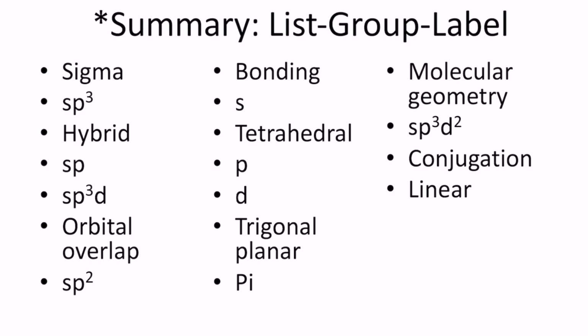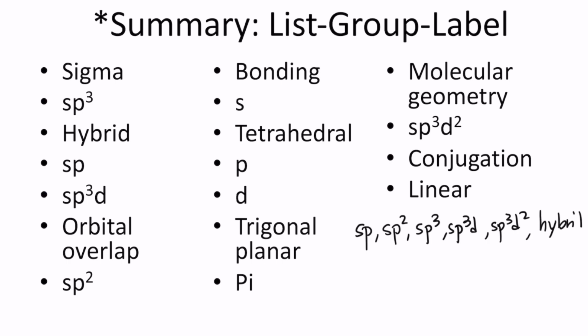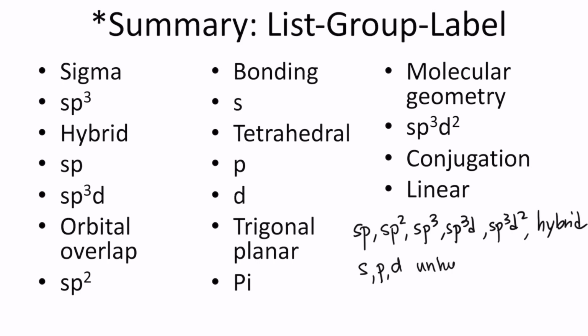In order to organize these terms, I'm going to just start putting things together. So I'm going to take sp, sp2, sp3, sp3d, and sp3d2, and I'm going to put them together with hybrid, because those are all hybrid orbitals. I'm going to take s, p, and d, and I'm going to make those unhybridized. I had to make up that label, so I did.